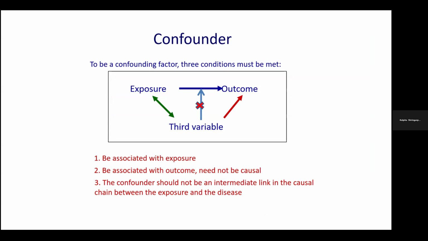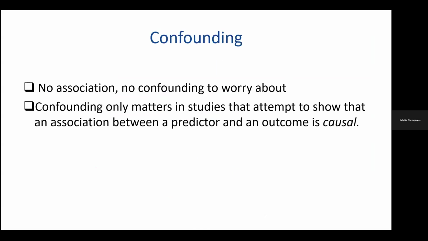So it is not exactly the exposure leading to outcome. So these are the three conditions that must be met for that variable to be a confounder. And this again can be an MCQ that is asked. So if there is no association in my study, if there is an exposure, and if I say that coffee drinking does not lead to cancer, fine.